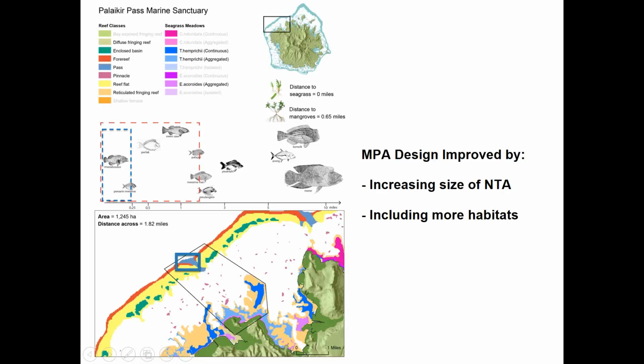So what they ended up doing was making this area much bigger, not only in size but also to include a lot more habitats. So not only did it include these outer reef habitats, but it also included sheltered reefs, seagrass meadows and mangroves, which meant that it's now going to protect a much wider group of species, including these ones here, the rabbitfishes that use these areas as nurseries.